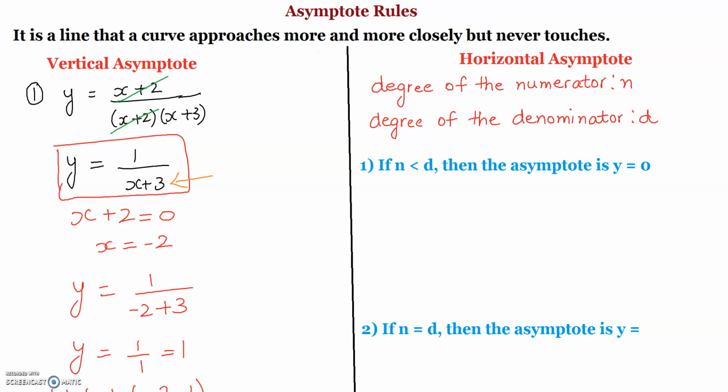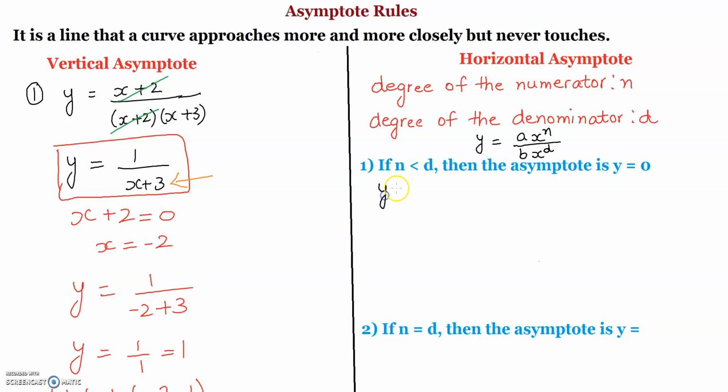So I'm going to write the general equation for that. The general equation we have is y equals a x to the power of n over b x to the power of d. And I'm going to give you one example for the first scenario.